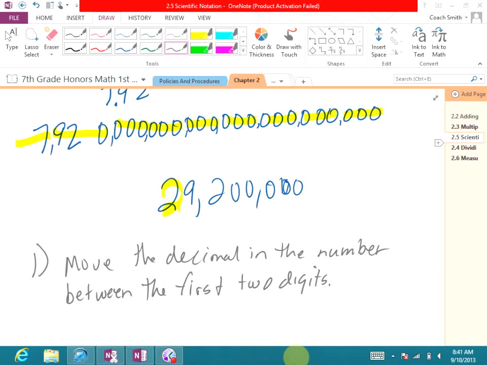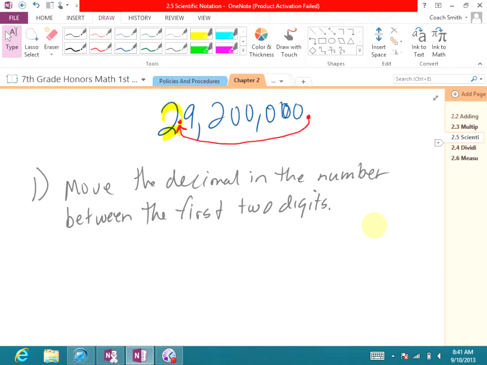Okay. Move the decimal now. So where's the decimal in this number? Well, it doesn't have one, so we have to put one. We always put it at the end. So I'm going to take that decimal and move it between the first two digits. I'm going to put it right there. So my new number is 2.9.